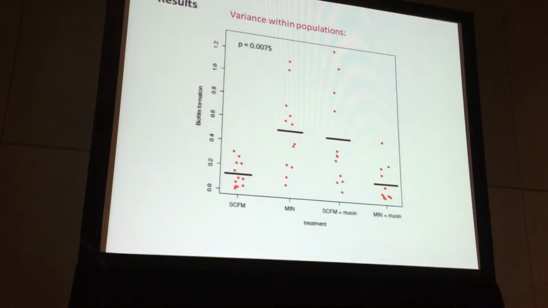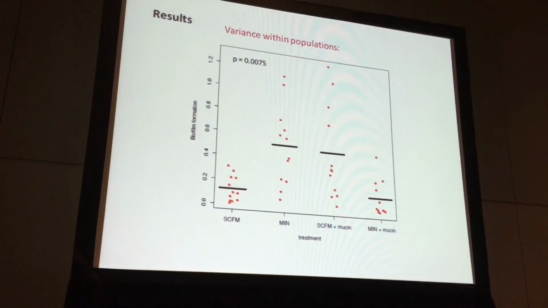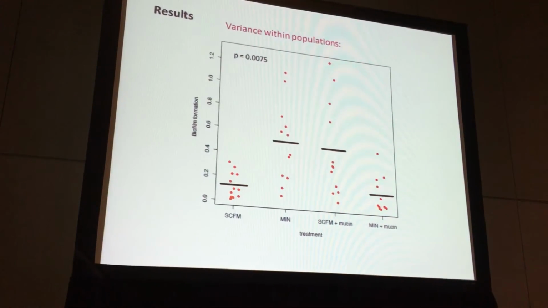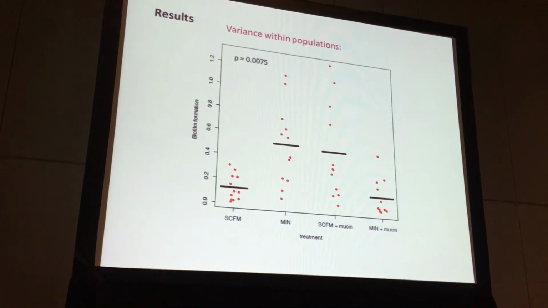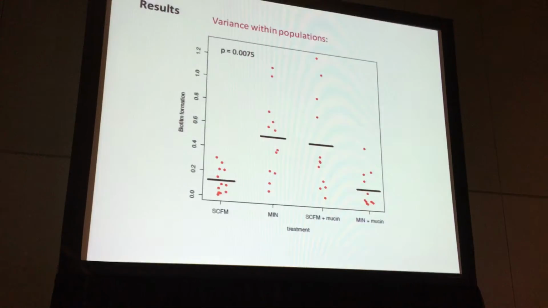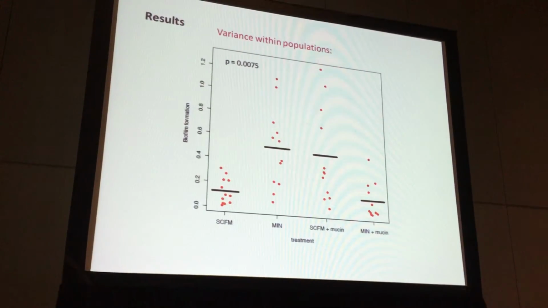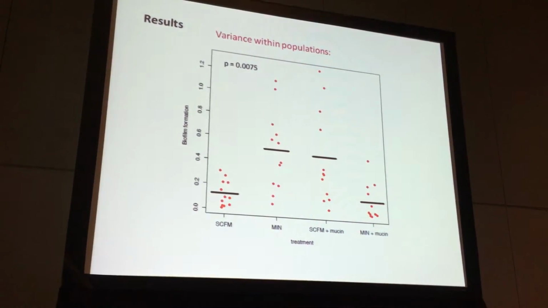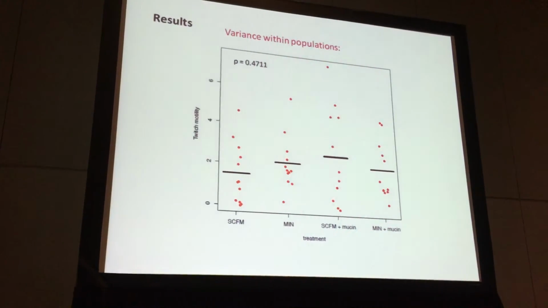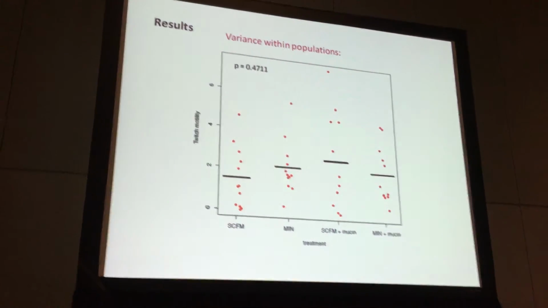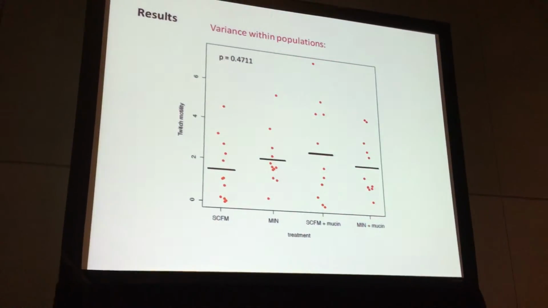For the biofilm formation trait, I did see a significant effect, but not in the direction that I expected. Here I see the minimal and SCFM plus mucin have the highest variance within populations. And for twitch motility, again, no effect of treatment on variance within populations.